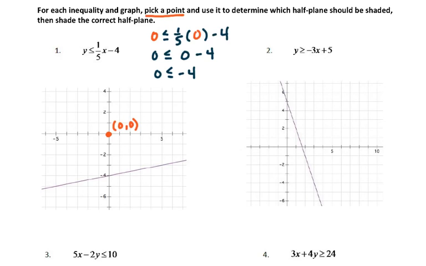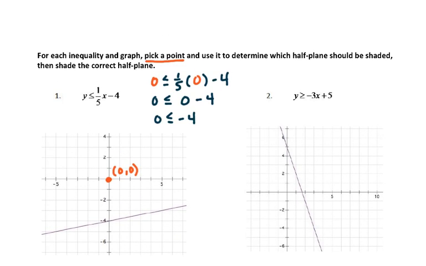This is the part where you just have to have a good understanding of your inequalities. Is 0 less than or equal to negative 4? When you're thinking through this problem, if you're getting stuck or you're not sure, I always envision a number line. On our number line, we like to draw 0 in the middle out of habit, though it doesn't really have to go there.